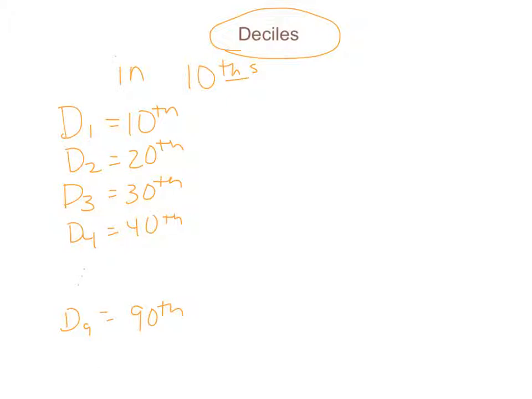So let's just pretend we have this set: 2, 4, 6, 8, 12, 15. And I want to find the 10th percentile, D10. All right, so D10, which is D1, the first 10th percentile.